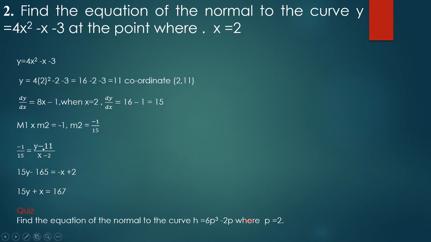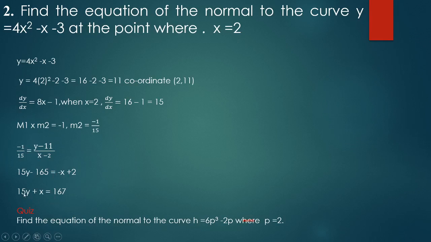So if we use the same gradient that we have found for the normal, negative 1 all over 15 will be equal to y minus 11 all over x minus 2. We cross multiply, it will be 15 into y minus 11, which becomes 15y minus 165, equals negative x plus 2.